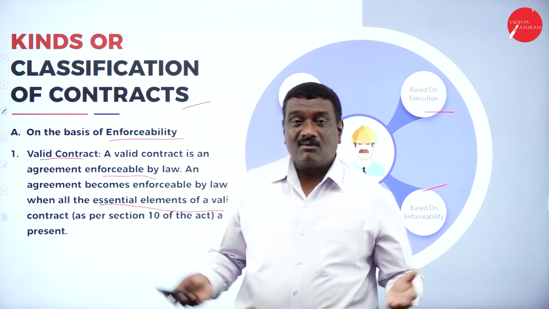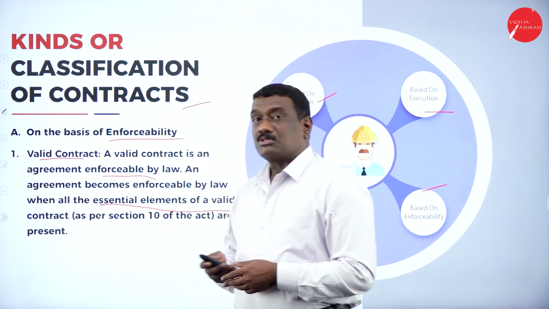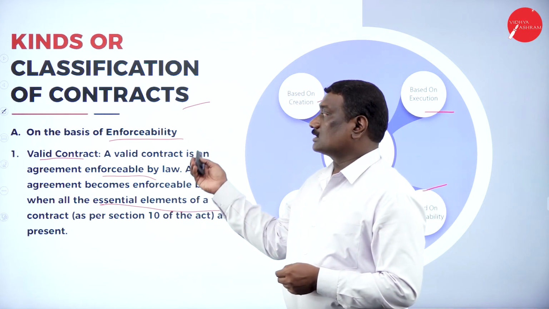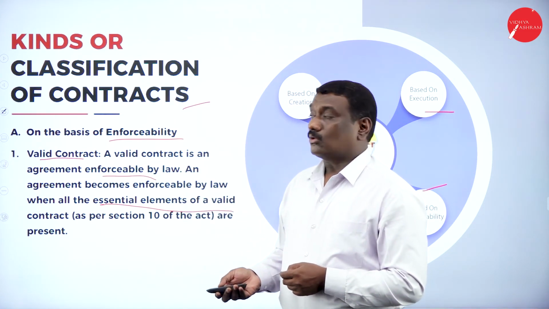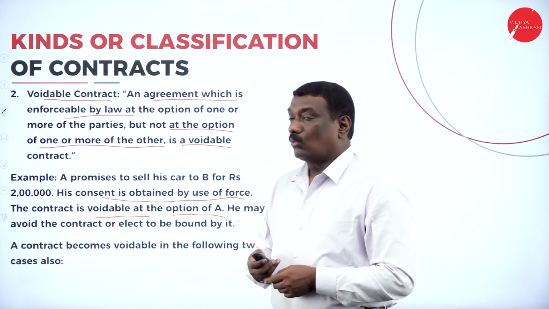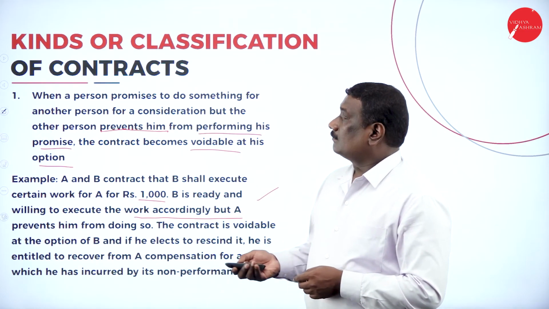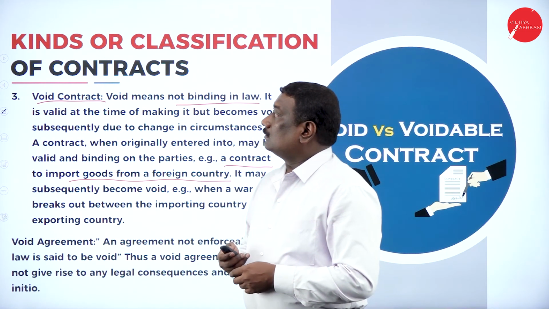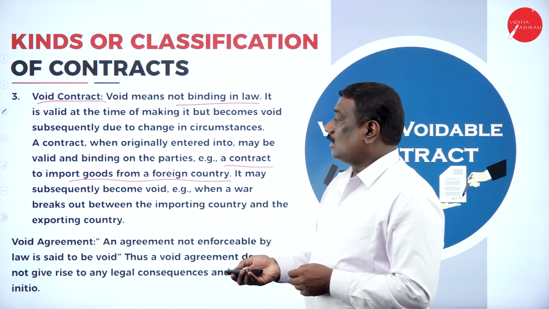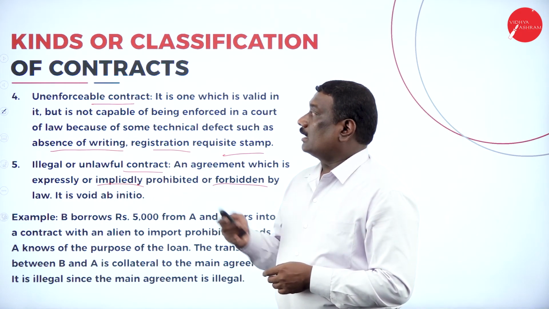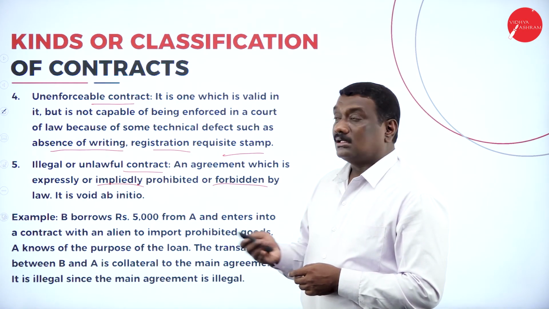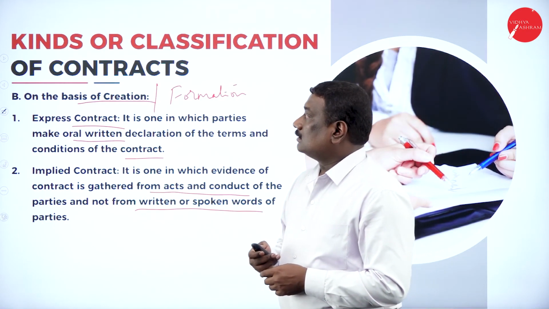Under this we have various different types of contracts. Under enforceability, we have valid contract and voidable contract. Then the third one is void contract and void agreement, and unenforceable contract.